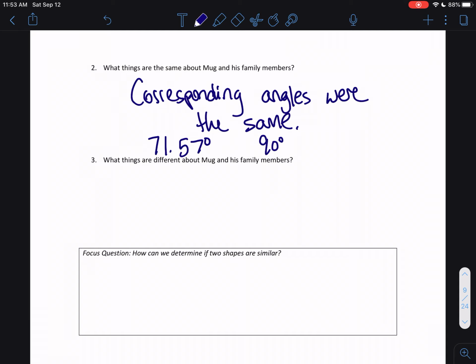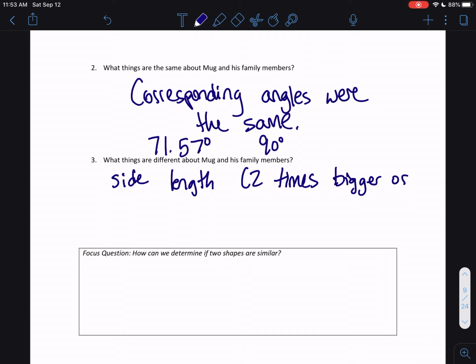Some things that were different: the side lengths were different, and they were either 2 times bigger or 3 times bigger.